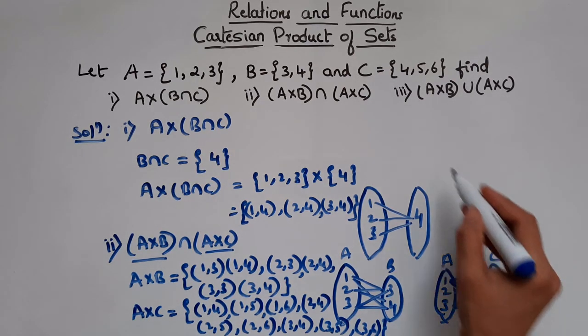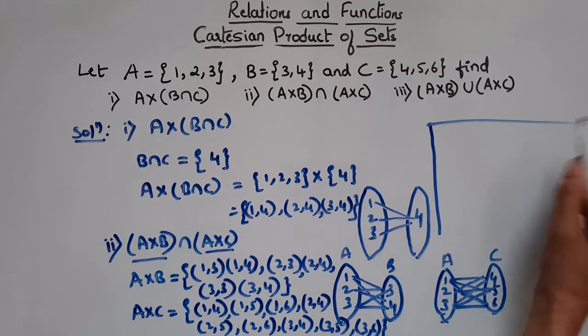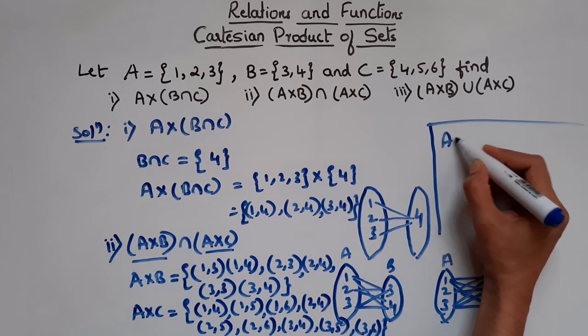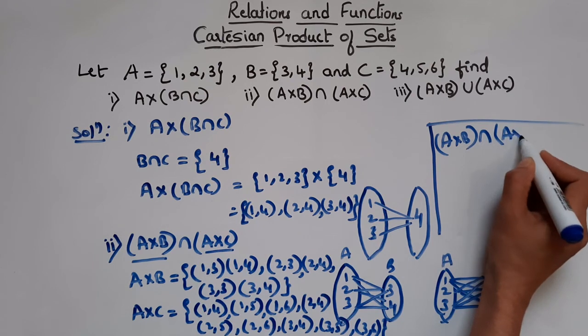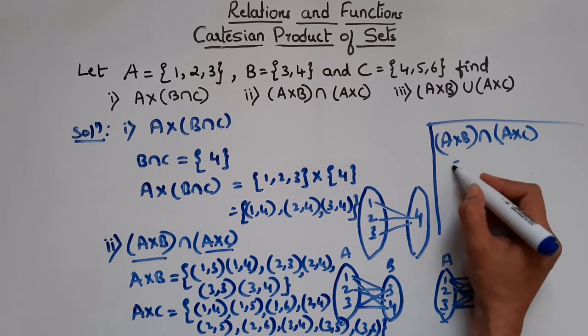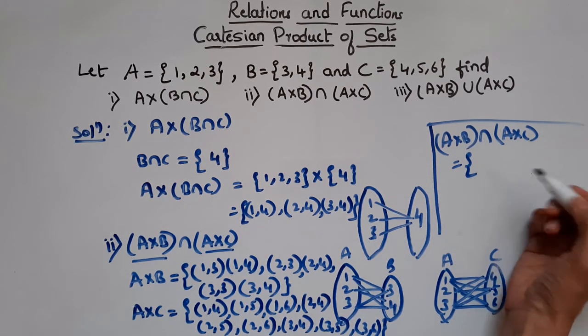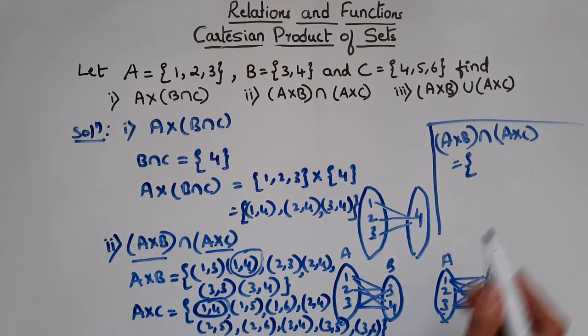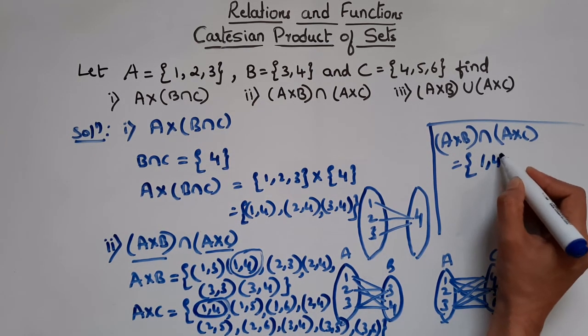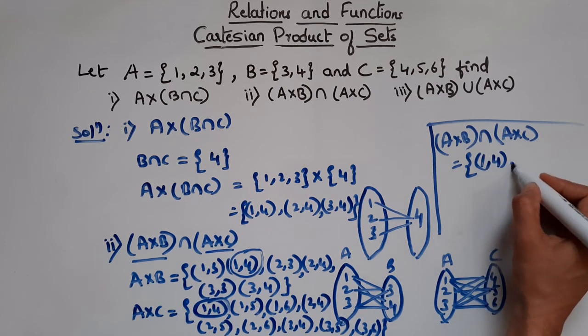So let me continue this here. What is A cross B intersection A cross C? Let's write this set here. What is common between A cross B and A cross C? Here we have 1, 4 and here also we have 1, 4, right? So 1, 4 is common. Intersection means we are taking only common elements.